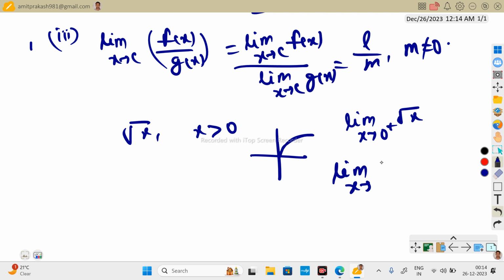If limit x tends to c f(x) exists, then the square root of f(x) also exists.